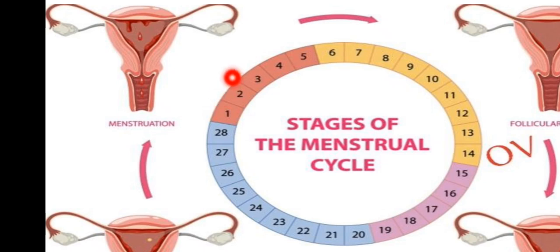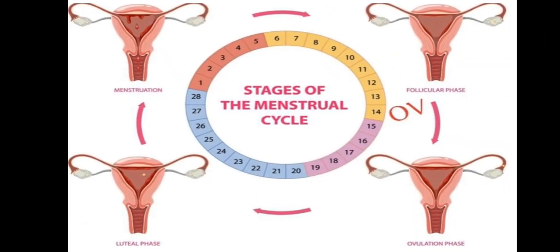So from day 1 to day 5, there's menstruation. Now, you ask yourself, will somebody keep on having this menstruation phase forever? No. Menstruation normally must stop within 5 days. Then ask yourself, because remember I said, whenever you're talking about the menstrual cycle, you're supposed to be remembering the uterus. What is happening in the uterus after the menstruation phase?